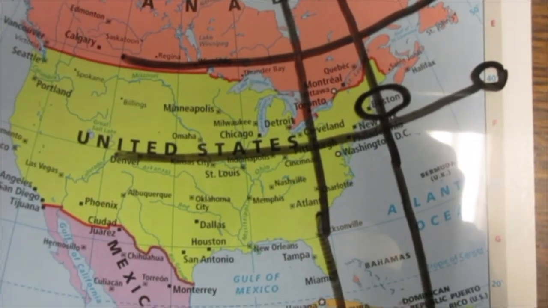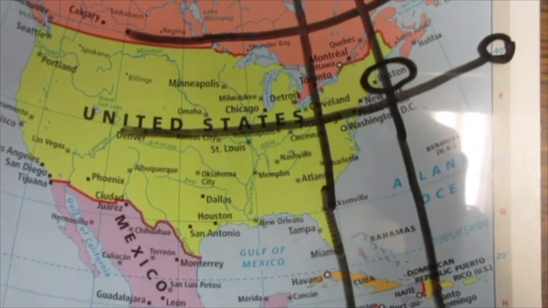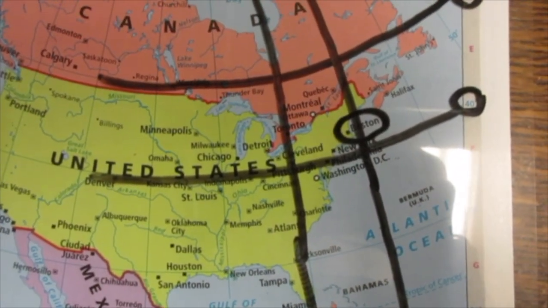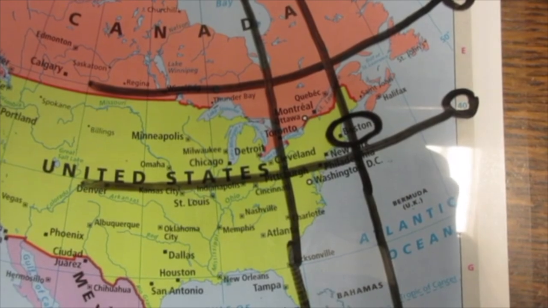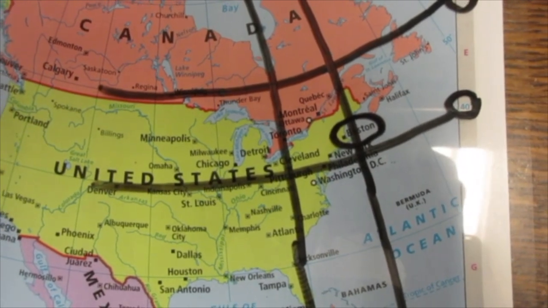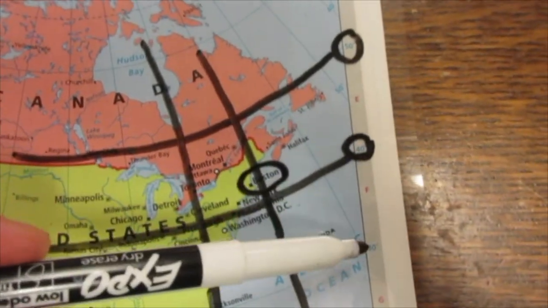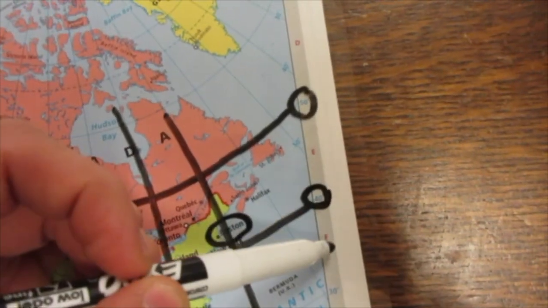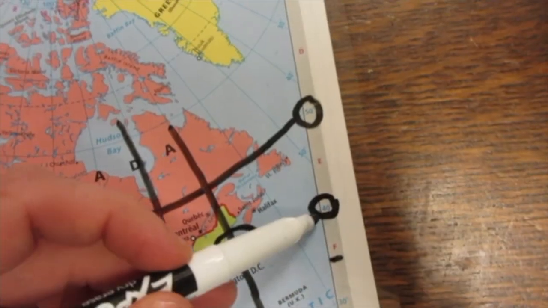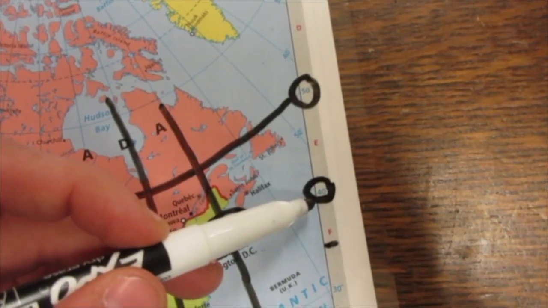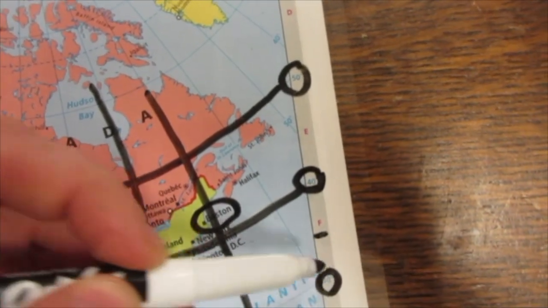The next city that I need to find is Atlanta. And according to the directions, it says it's at F12. So I'm going to go along here, and there's F. And so F is between 40 degrees north and 30 degrees north.